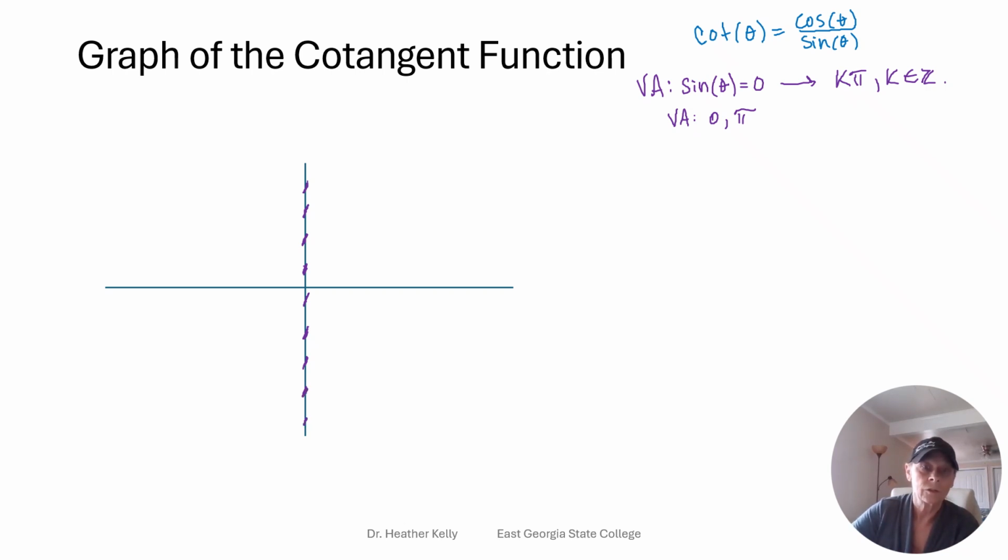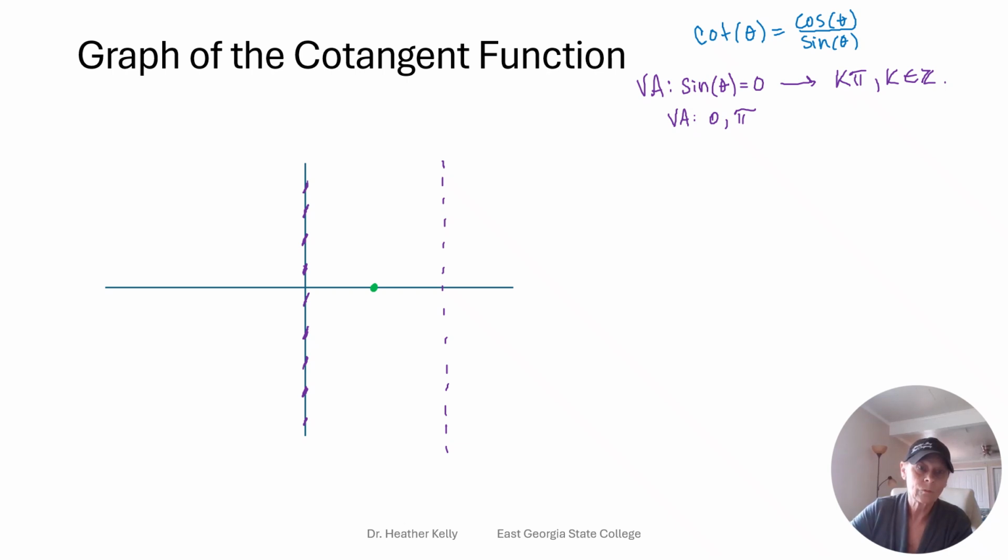And then here's another. Now, cotangent is the cofunction of tangent, which means that all of its values are kind of flipped over. So the graph of the cotangent, instead of starting down and going up like tangent does, it starts up and it goes down.